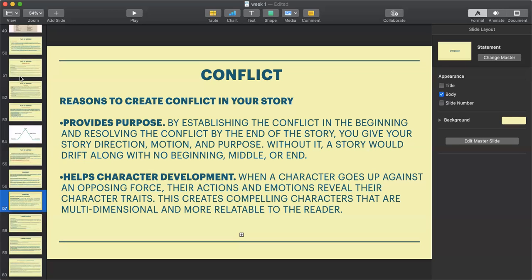This creates compelling characters that are multidimensional, that have various layers, right? And more relatable to the reader. Most of us are multidimensional. Multidimensional means you might have a fight with your friend. You might not be talking with him, right?